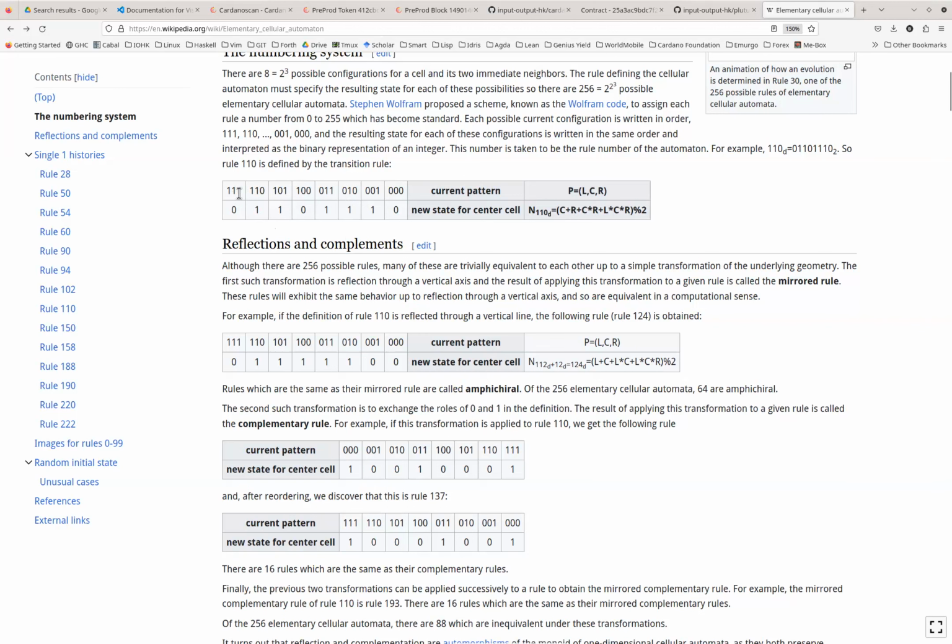For the cell I'm looking at and its left and right neighbor there are 2, 2, 2, so 8 possibilities, and for each of the 8 cases I must say whether in the next iteration it should be 0 or 1. So I have 8 bits, so 256 possibilities.